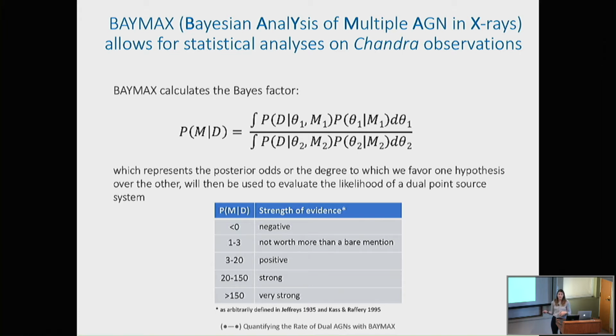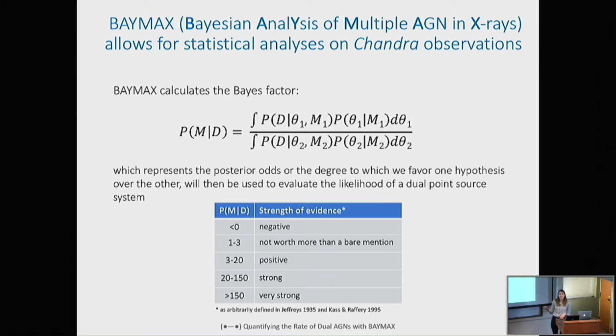So for our dual AGN analyses, we're comparing a single point source model to a dual point source model. And within each of these integrals, you have your likelihoods, and then you have your prior distributions. So values greater than or less than 1 will tell you which model is favored, and the magnitude of that value will tell you how strongly the model is favored.